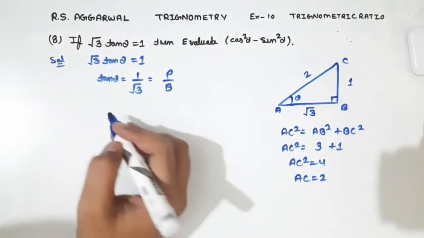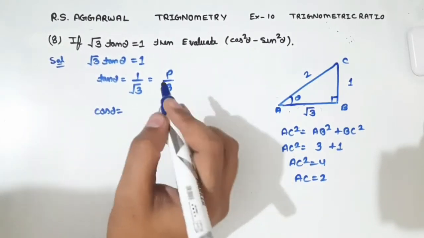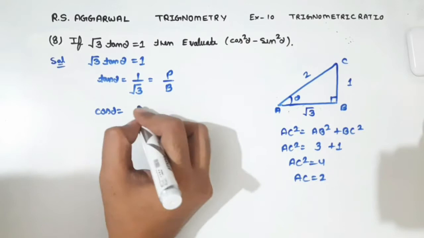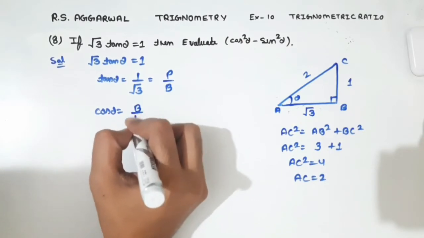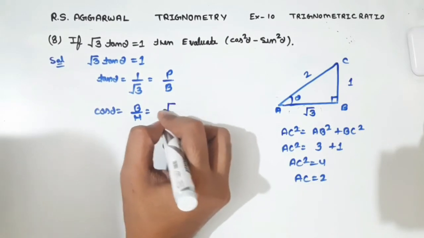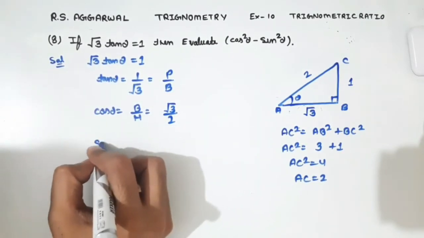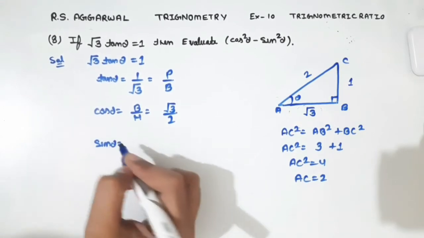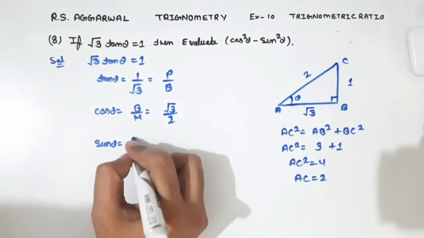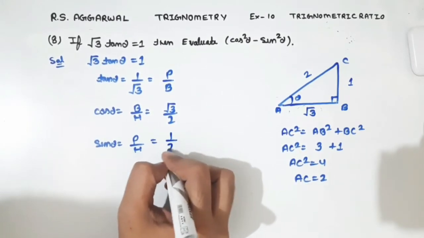So now cos theta will be base upon hypotenuse, that is root 3 upon 2, and sin theta will be perpendicular upon hypotenuse, that is 1 upon 2.